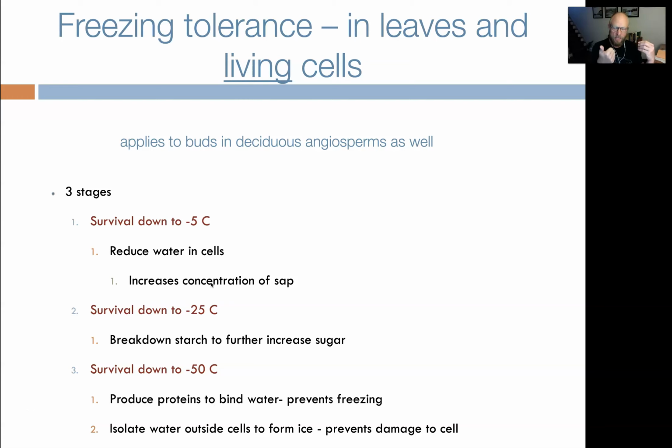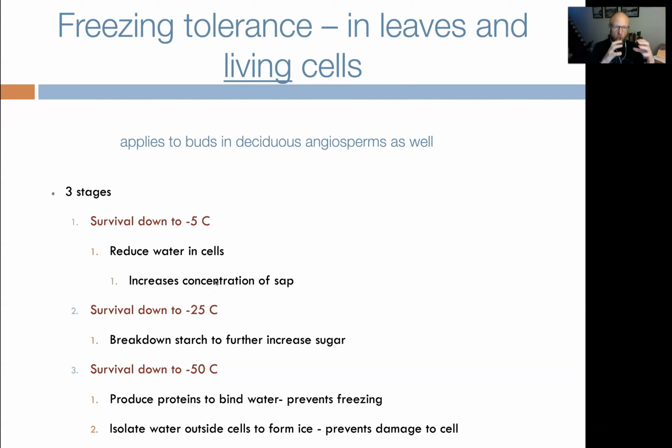I guess the video says it, but if water freezes, that water expands as it freezes, and so then it's going to rupture the cell. So that's why plants want to keep the water liquid. Okay, sorry. Back to this slide. So minus 5 degrees is just reducing water content. Down to minus 25 degrees, what plants generally do to tolerate those conditions is they break down starch.